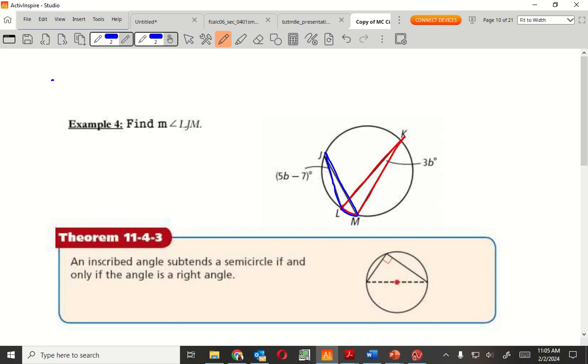So to solve for this, I know that these two are congruent, so I can set them equal: 5b minus 7 is equal to 3b. We're going to do a little bit of algebra here. Let's see if you can solve for it right now.